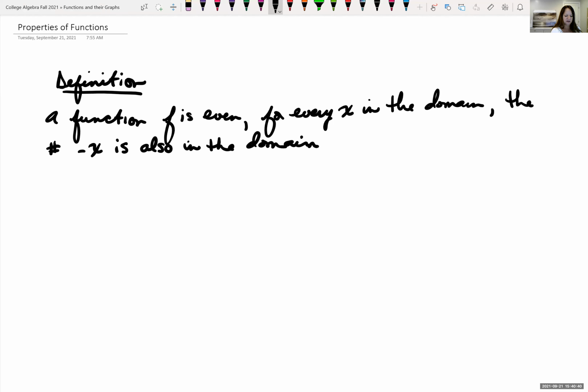And the following has to hold: f of x is the same thing as f of negative x.